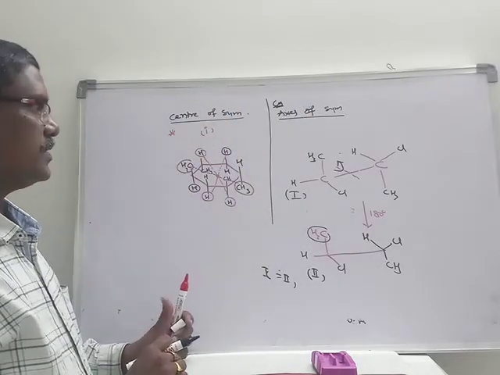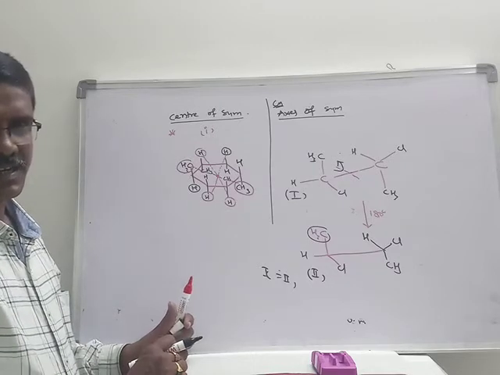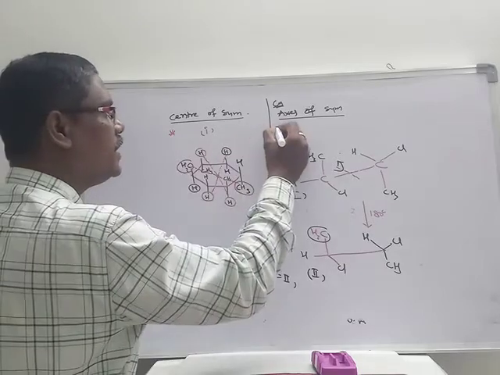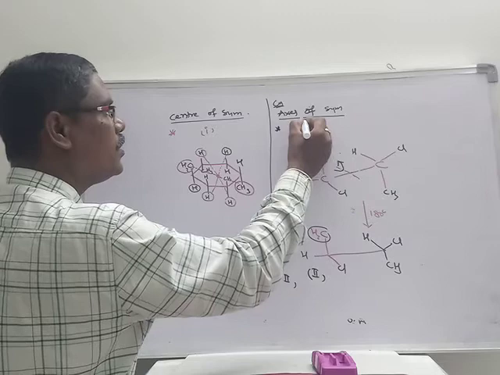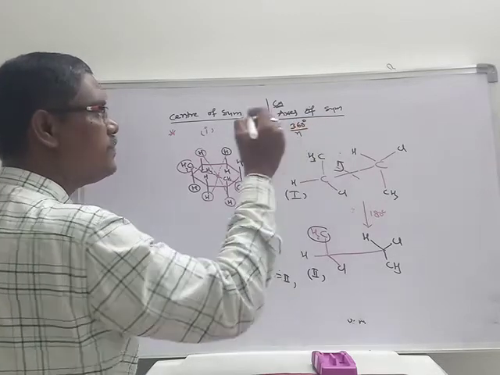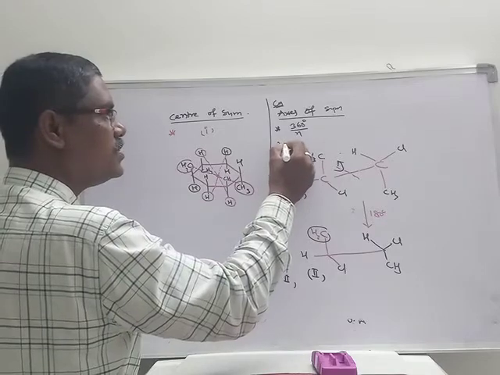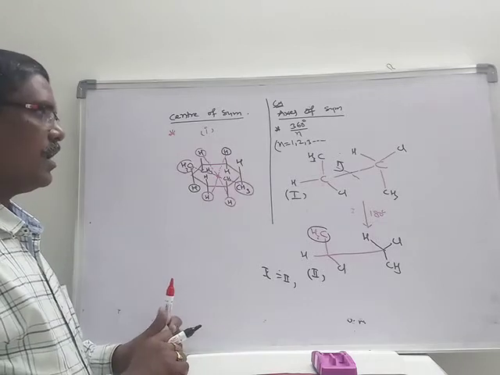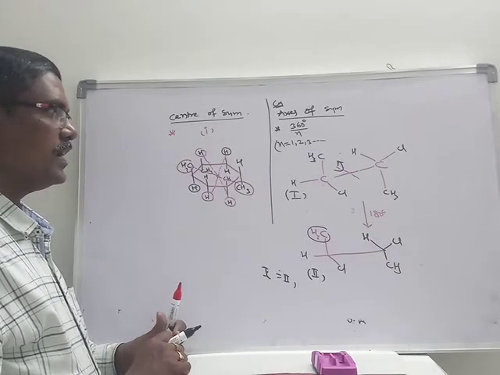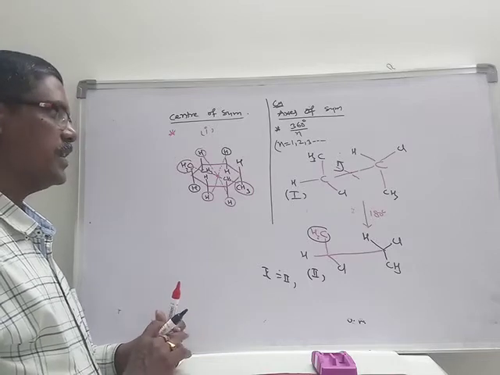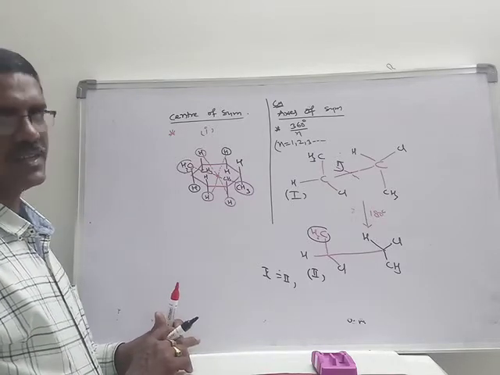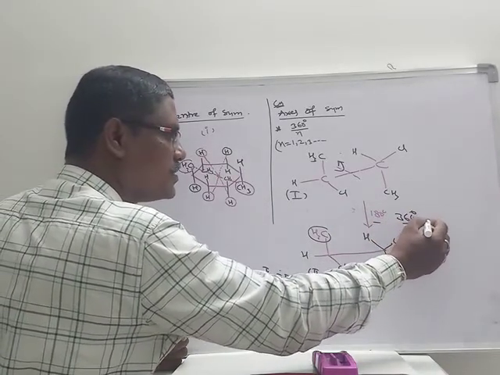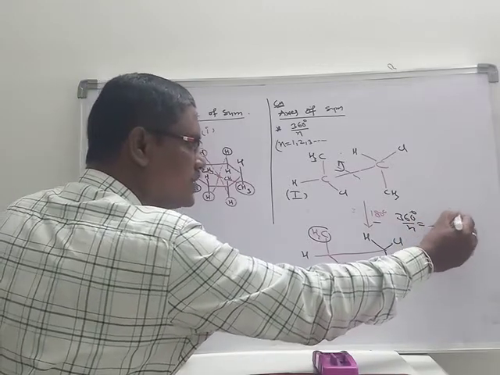If a molecule is rotated by 360 degrees divided by n, where n may be an integer 1, 2, 3, and so on: if n is 1, 360 degrees, all molecules will give the same structure. If n is 2, that is 180 degrees, this is called the C2 axis of symmetry.